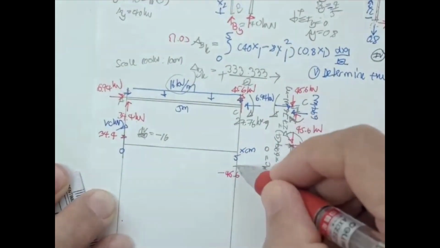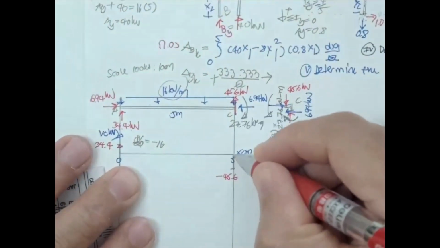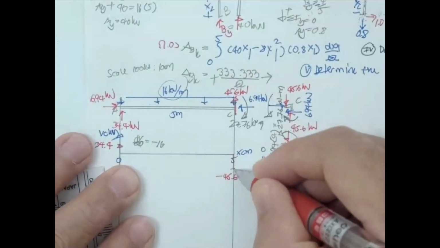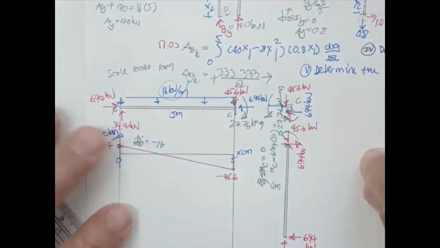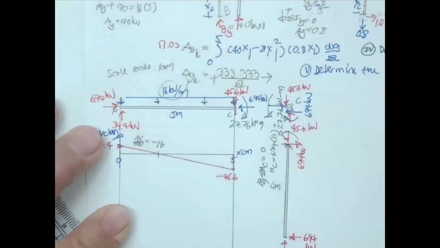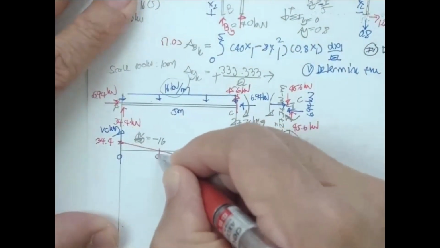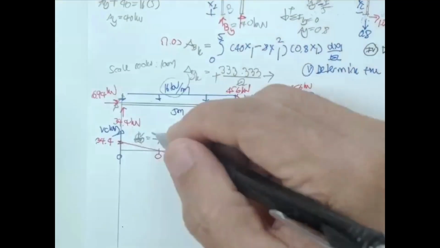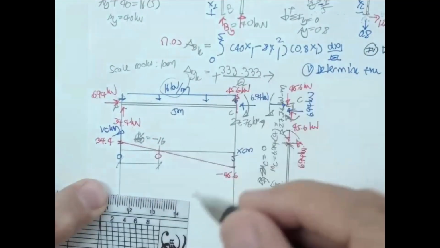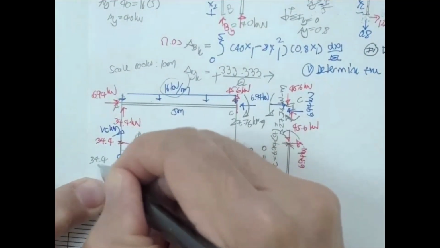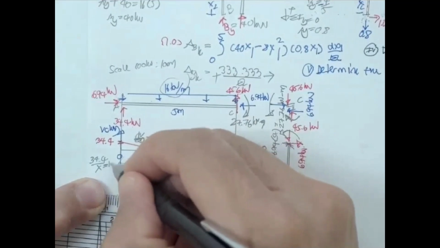How do we know it? Because the shear force over here is going to take this one up. That's why I noted minus 45.6. And then we have the linear slope of minus 16, and this is going to be the point of zero shear, and you can determine this point by the slope. So 34.4 divided by x is going to be 16.